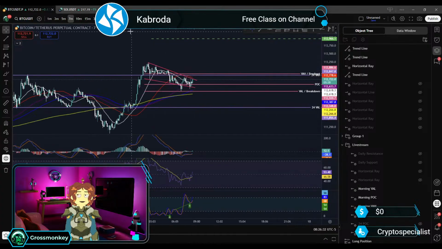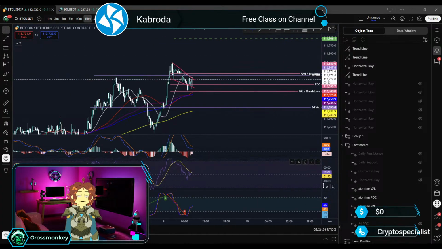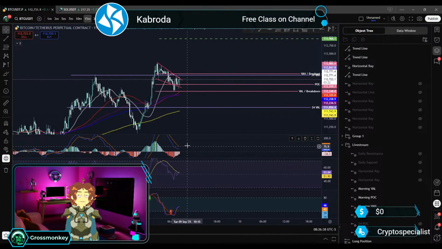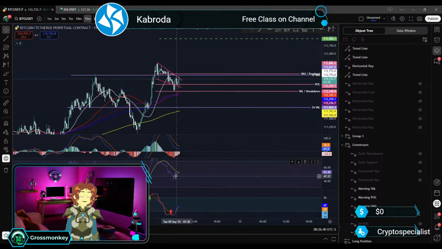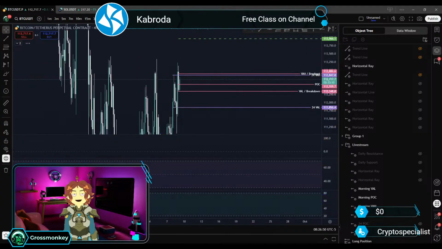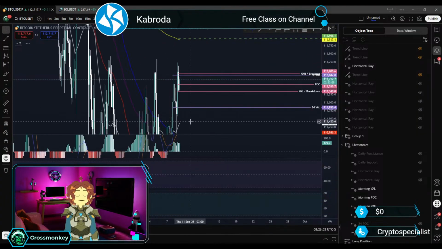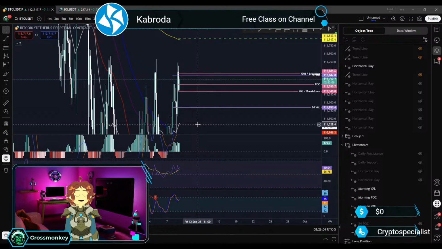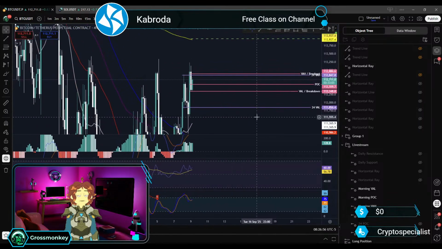And then you got 15 looking more down to me, I would say. We could flip and go up on both of them, but for right now 15 almost says down while 5 says up. And then 1 hour is kind of just flat, and 4 hour was saying up essentially.